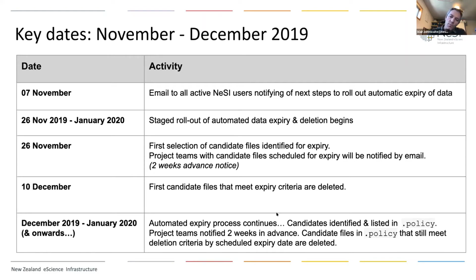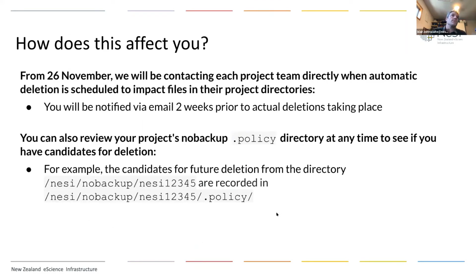And so more projects will start getting those notifications. And so I just talked about this. You'll be notified via email from the 26th of November. And we'll talk now about what we expect of you and what you can do after that.